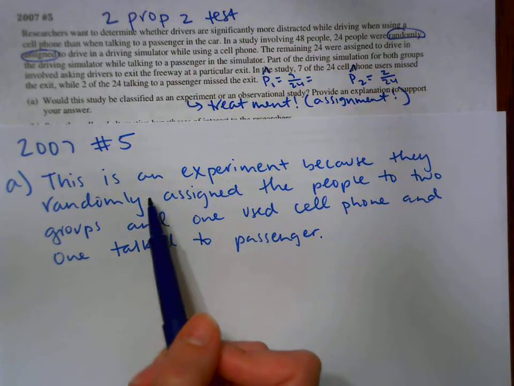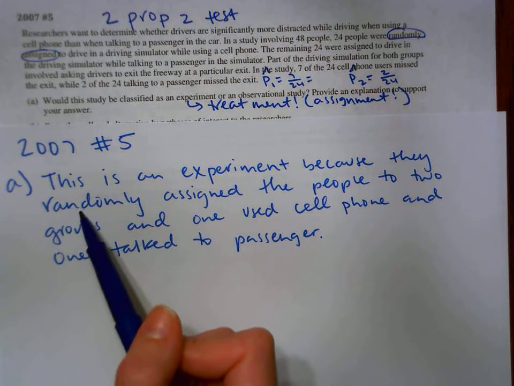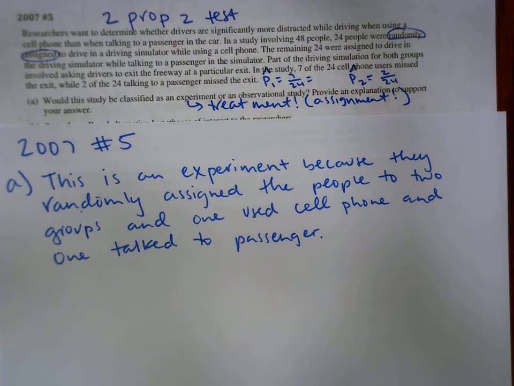When you address these, if it's an experiment, address the treatment. Don't just say because there was randomly assigned treatment. What was the treatment?